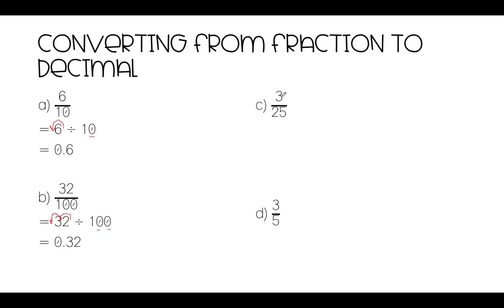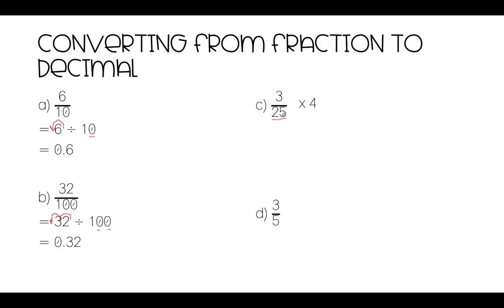Now we have 3 over 25. Now the first thing we need to do is figure out what do we multiply 25 by to make it either 10, 100 or 1,000, whichever, or even 10,000, whichever one is easiest to get to. In this case, we could just multiply 25 by 4 to make it equal 100.